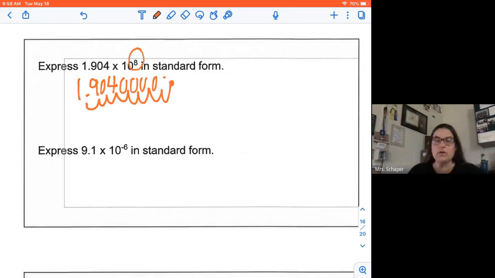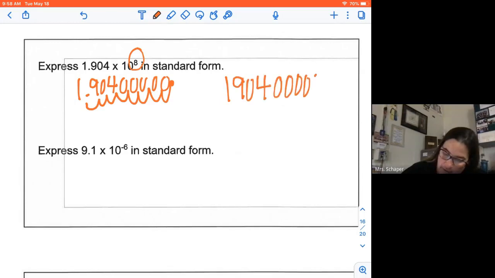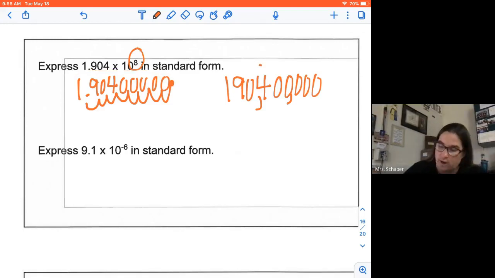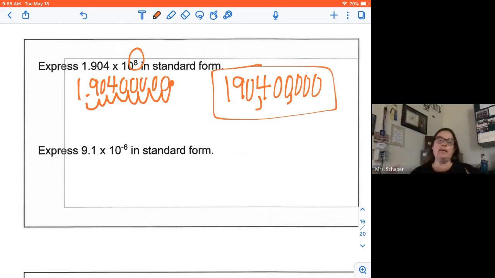So I put all my zeros in there, and now it looks like I've got 1904, 1, 2, 3, 4, 5. Now, I am going to be picky. If you leave your answer like this, that is going to be marked wrong because it has 2 decimal places in it. So I need you to make sure that you're writing out the correct answer and boxing it in. So be really careful with that.